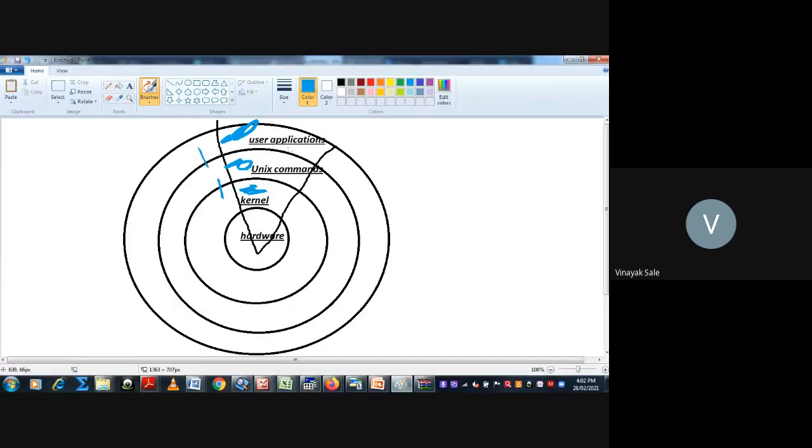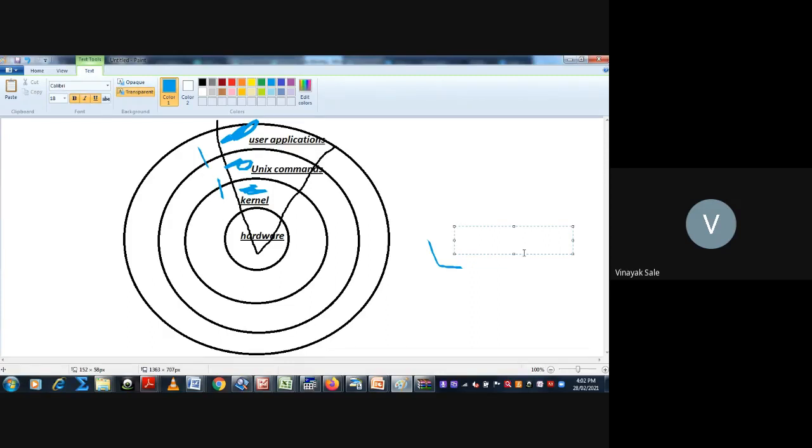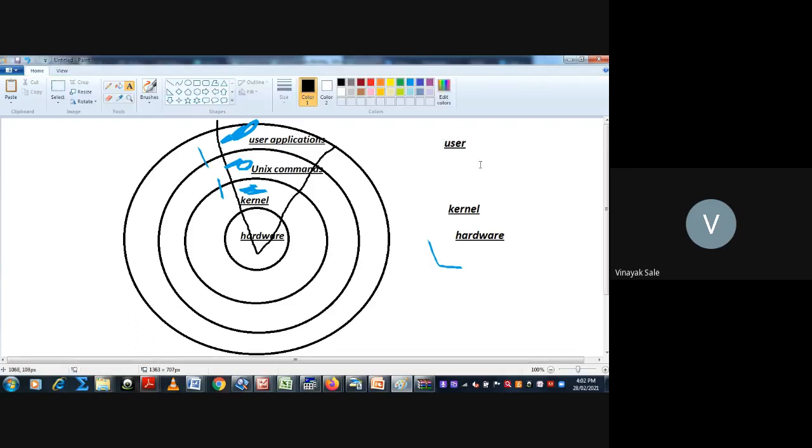See here once again, the bottom part is hardware, then above this is the kernel, then above this the user.